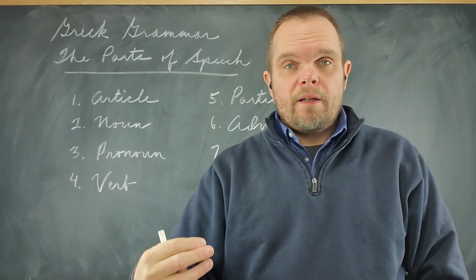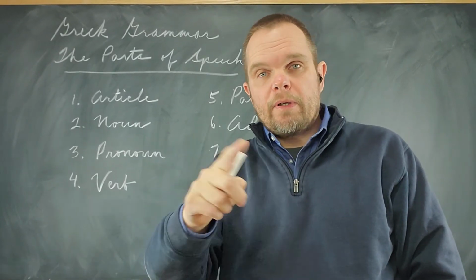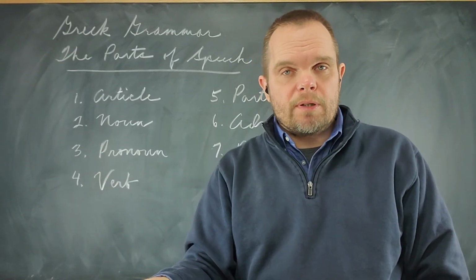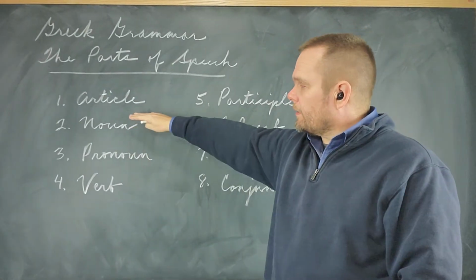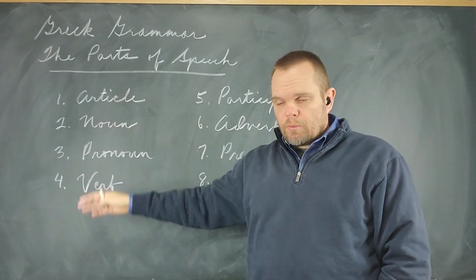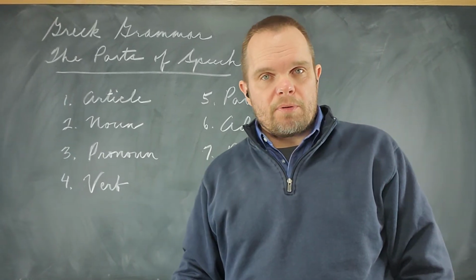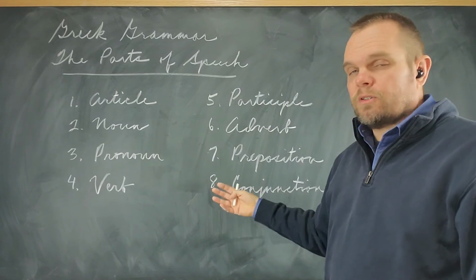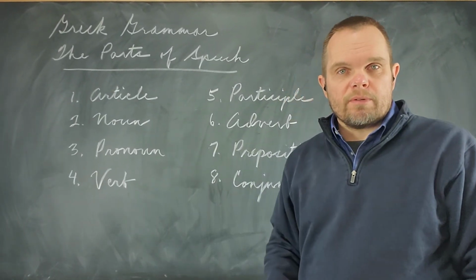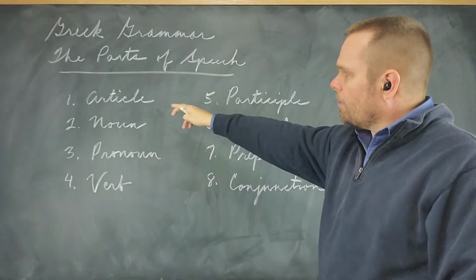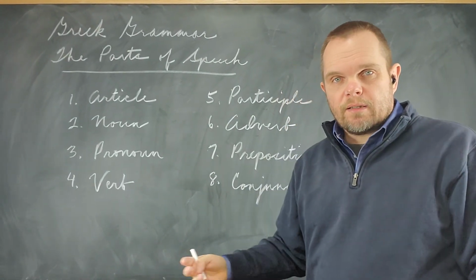We would add the words the or a or an, and we'd always put them in parentheses because there are no articles in the Latin language. In Greek, there are articles. So we're not going to put words like a and an and the in parentheses in Greek, because those words will actually be present in the original Greek text. So there are articles in Greek and there are no articles in Latin.